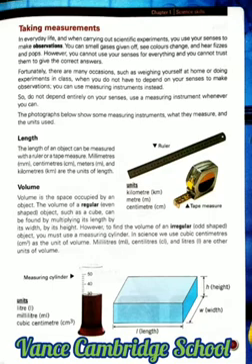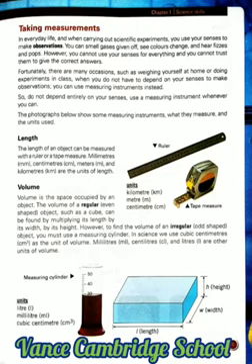Today I'll teach you science for class 6. Today we will learn our new topic, taking measurements, from page number 5. Students, how will we take measurements? We use different things to take measurements.